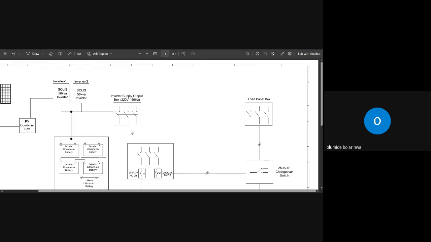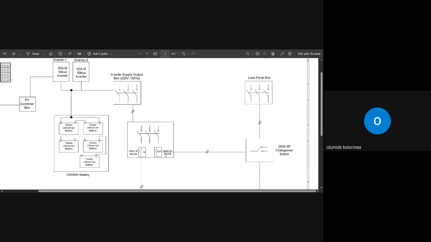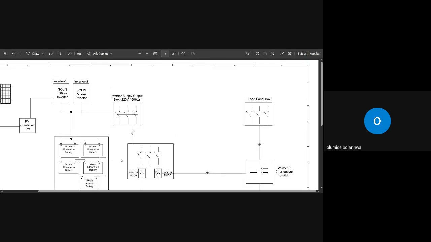Can you all see the remaining boxes, your inverter supply output box? Can you see the different boxes? Those are the boxes I'm referring to on this our drawing.